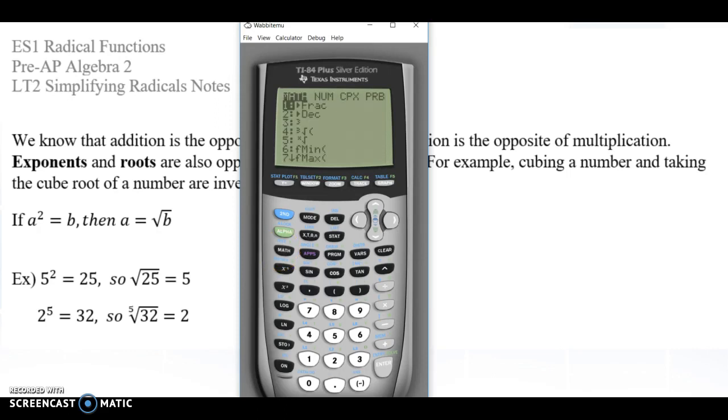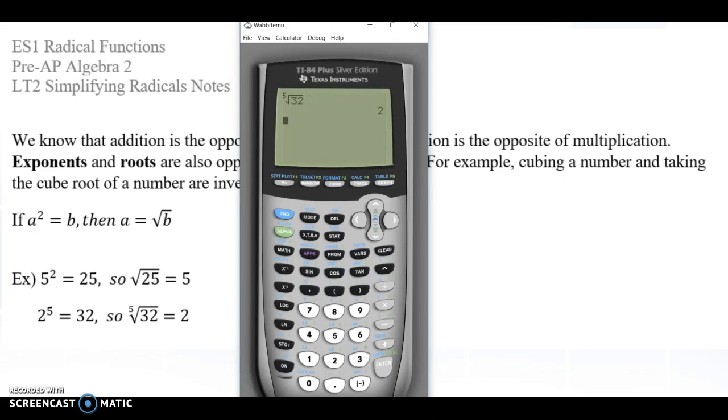See x root right there? The 5th option. So hit the number 5 or scroll down and hit enter, and that makes it the root of whatever you just typed in before it. So if I wanted a 7th root, you'd do 7 math 5. 7th root or whatever root, okay? So if you do 5 math 5, the 5th root of 32, we get 2.